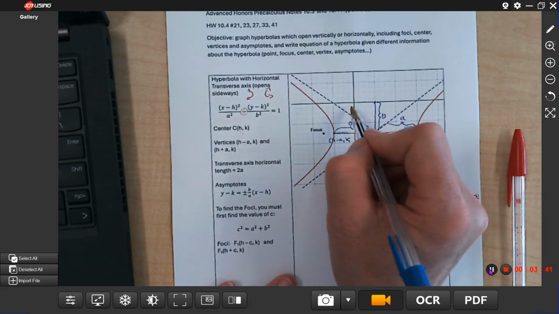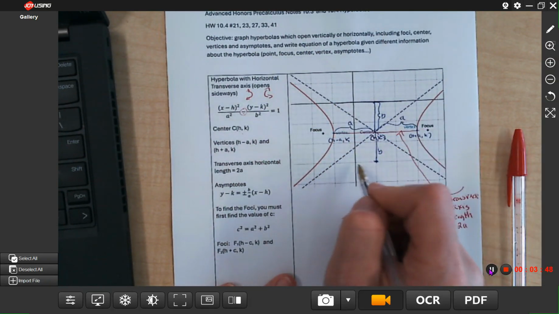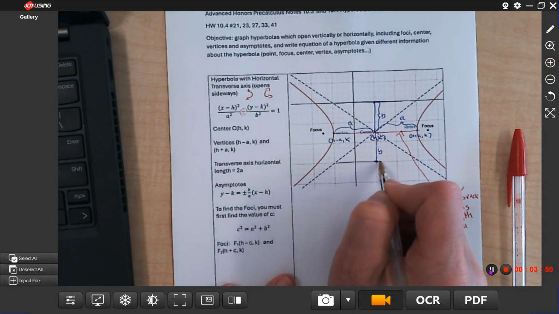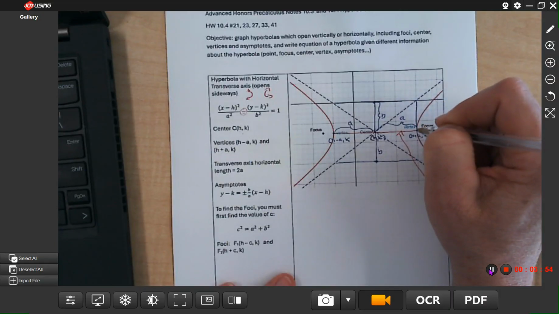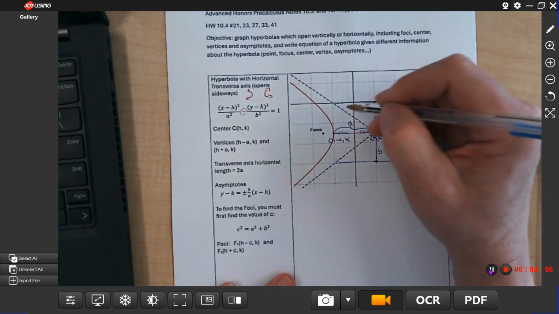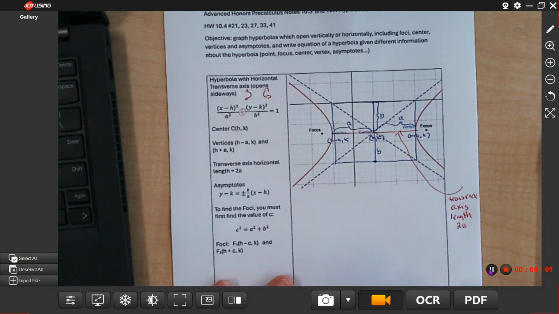And then I'm going to draw a box. The top of the box is up b from the center, the bottom of the box is down b from the center, and then the left and right sides of the box go vertically through each vertex. So I've got a box. Now the box is not part of the graph of a hyperbola, but it helps us get the slope of the asymptotes.